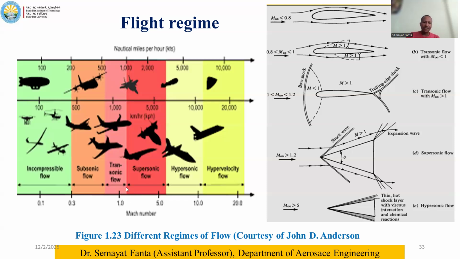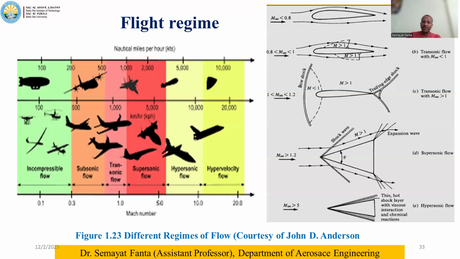And then after that, from 1.2 to 5 point something, you can find supersonic flow. This is the supersonic flow region with red color. And light yellow color, or I can say white color here, indicates hypersonic flow.